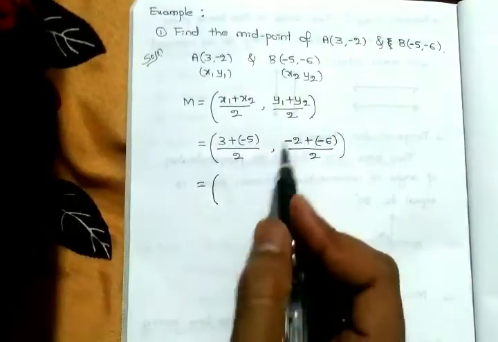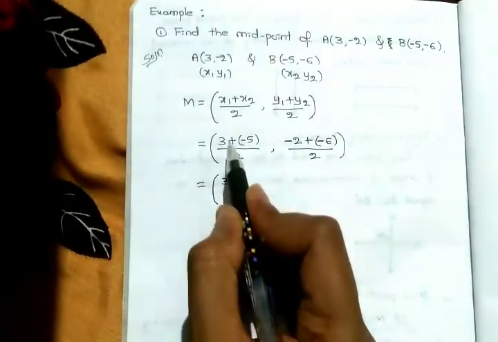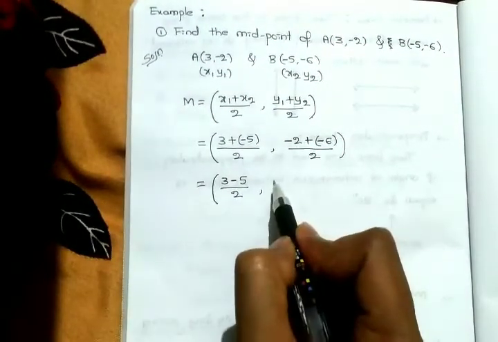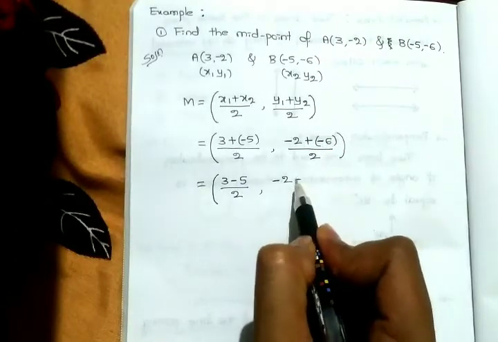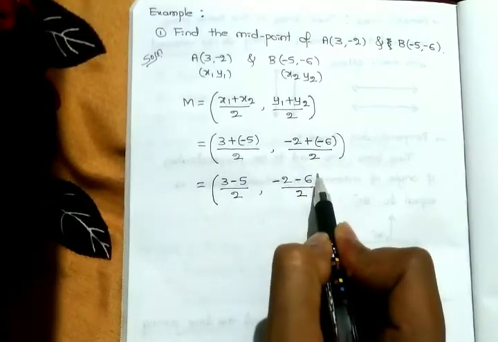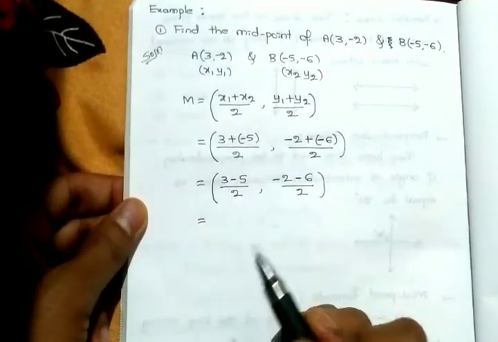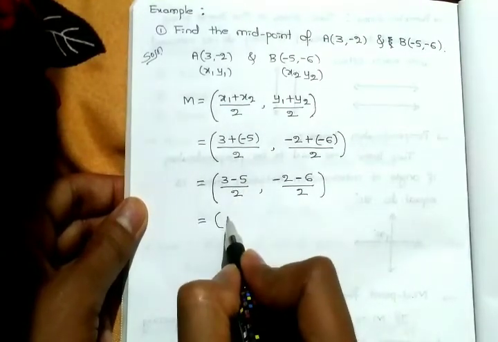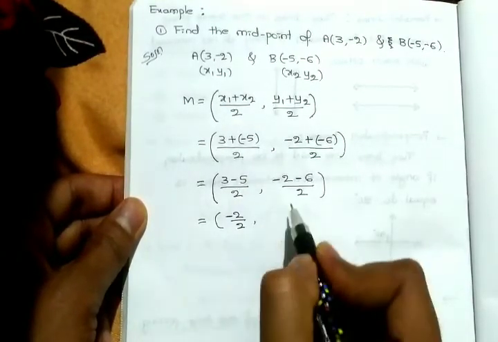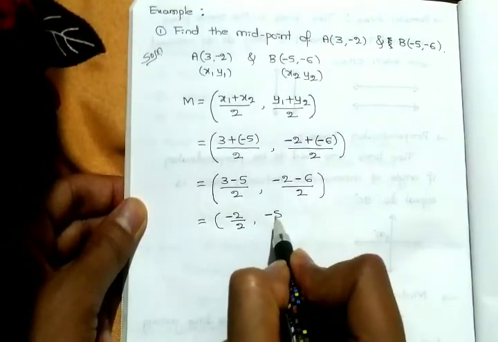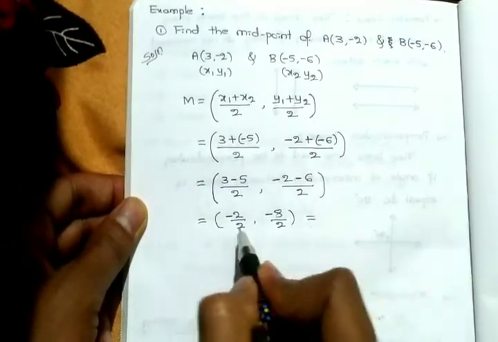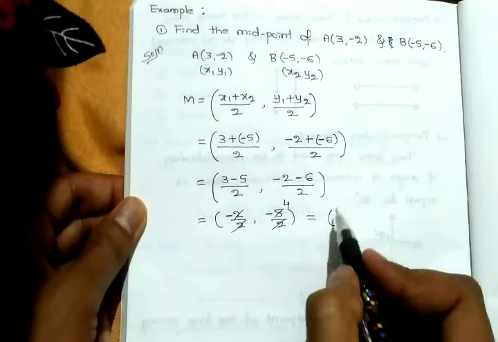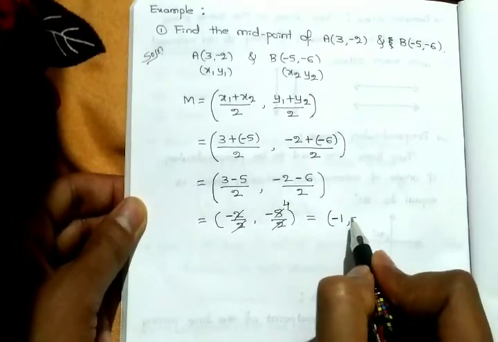So 3 plus minus 5 is minus 2 divided by 2, comma, minus 2 plus minus 6 is minus 8 divided by 2. Next cancel: 2 ones are 2, 4. Therefore the midpoint value here is (minus 1, minus 4).